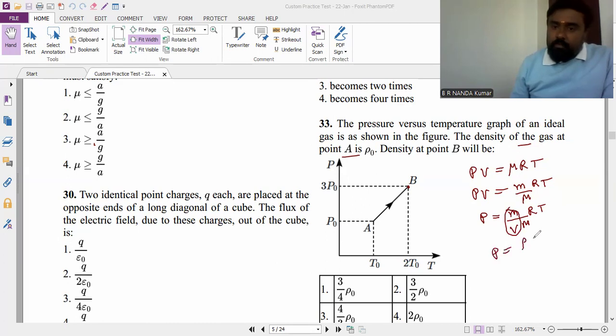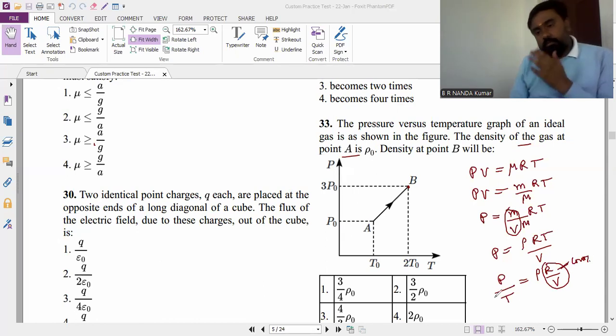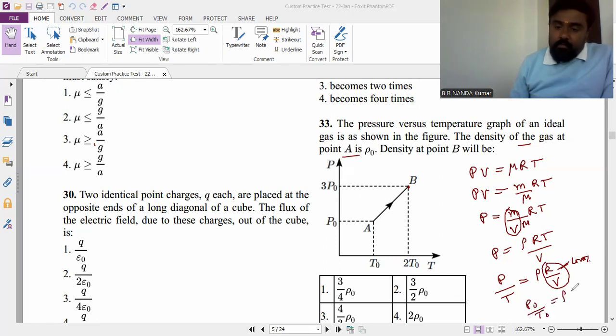So P is equal to rho RT by M. So P by T is equal to rho R by M, and R by M is constant here. So P by T is equal to rho times R by M. So in the first case, P naught by T naught is equal to rho naught times R by M.